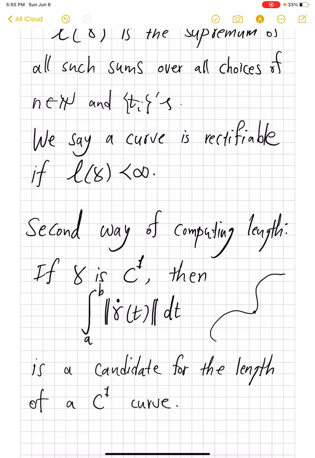So here gamma prime of t will be a vector, and we only take its norm, and then it becomes a real valued function. The assumption that the function is C1 and not just differentiable tells us that gamma prime t is actually continuous, and so the integral is well defined.